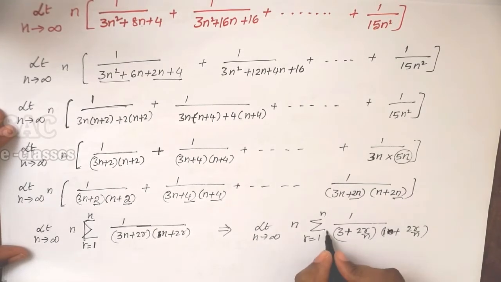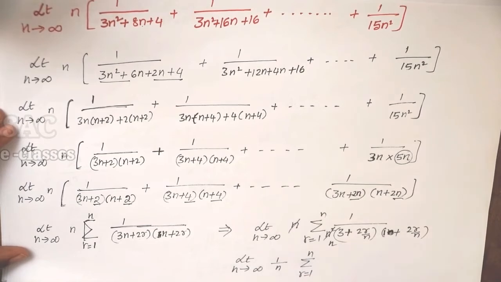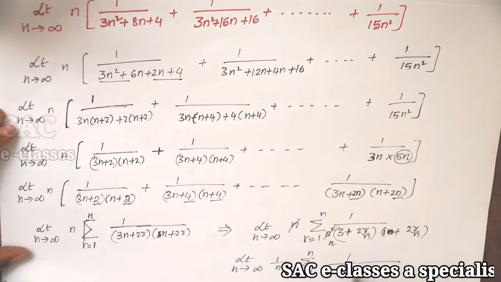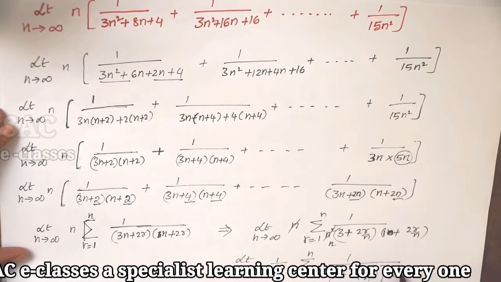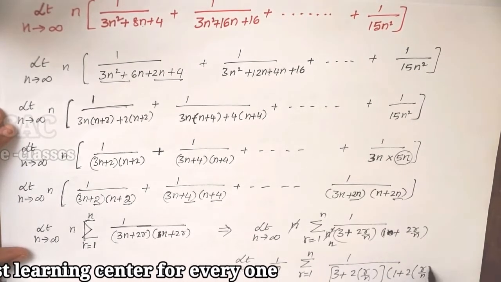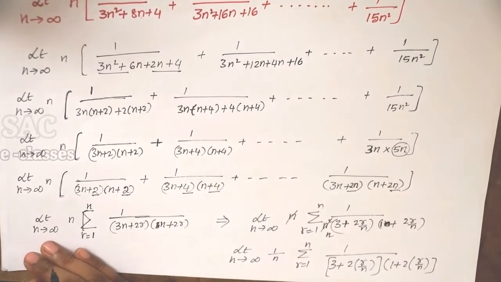This n and this n will become n square, and with n, 1 by n will remain. So the entire expression, limit n tends to infinity, 1 by n, sigma r equal to 1 to n, will be converted as 1 by 3 plus 2 into r by n, into 1 plus 2 into r by n. Now we can convert by taking r by n as x.